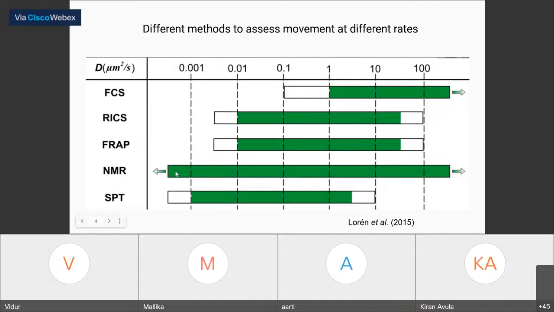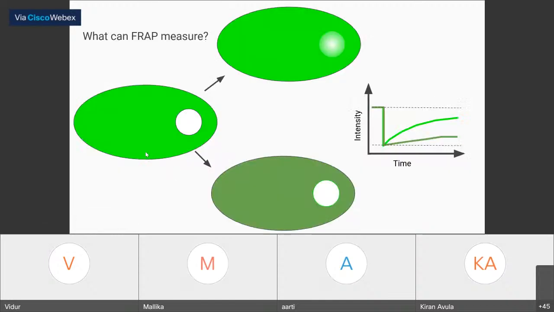So moving on with FRAP, I already told you that FRAP tries to distinguish between these two kinetics, where you can have slow recovery, suggesting that the molecule is not freely moving or moving at a slower rate, versus another molecule which is freely diffusive in the cell.